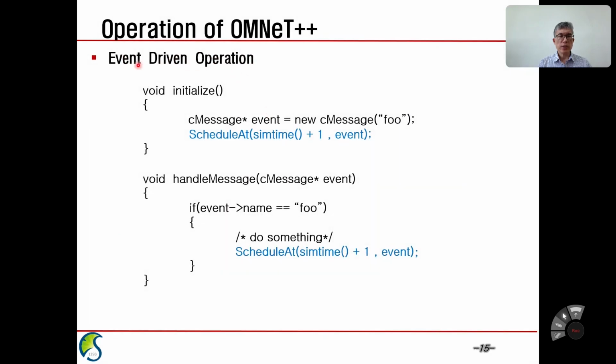This code shows the basic operation of OMNet++, first the event-driven operation. Initialize: we make a message for the simulation case. The message event is important, so make the event based on cMessage. Then schedule it at a time. simTime is the current simulation time plus one unit of time, and you can define a second or a millisecond depending on your purpose.